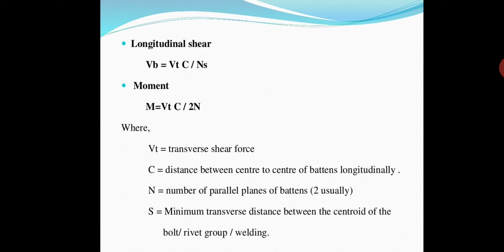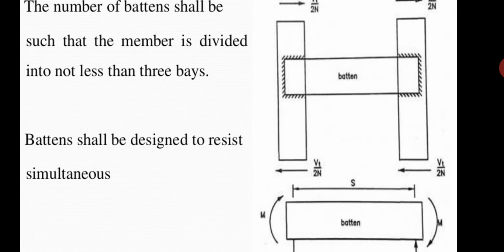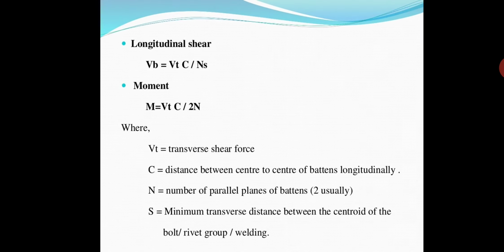N means the number of parallel planes of battens, usually taken as 2. S is the minimum transverse distance between the centroid of the bolt, rivet group or welding. You can see S in the figure. This is the S, the minimum distance between the centroids of two bolt, rivet or welding groups.